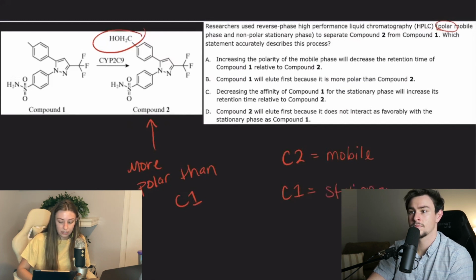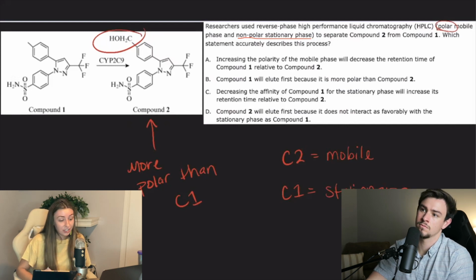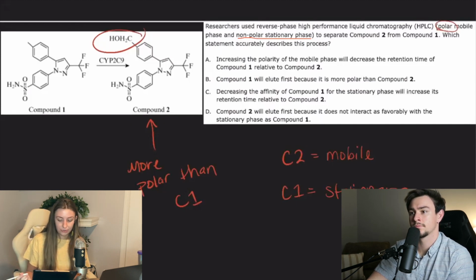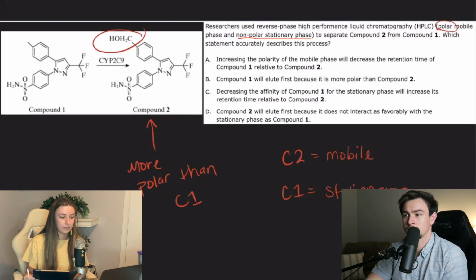Okay. So the answer choices say A, increasing the polarity of the mobile phase will decrease the retention time of compound 1 relative to compound 2. All right, well, if I'm increasing the polarity of the mobile phase, I'm not fully convinced that I'm just going to decrease the retention time of compound 1.